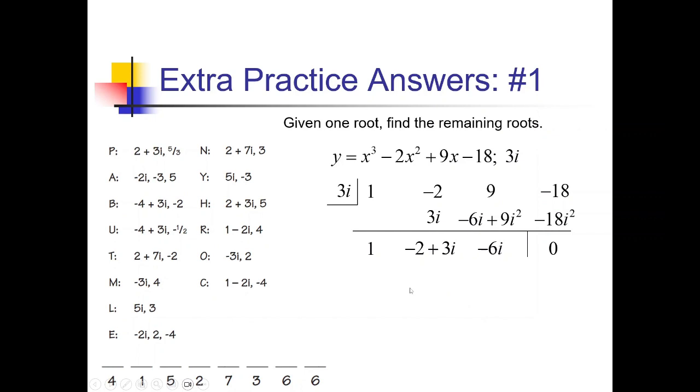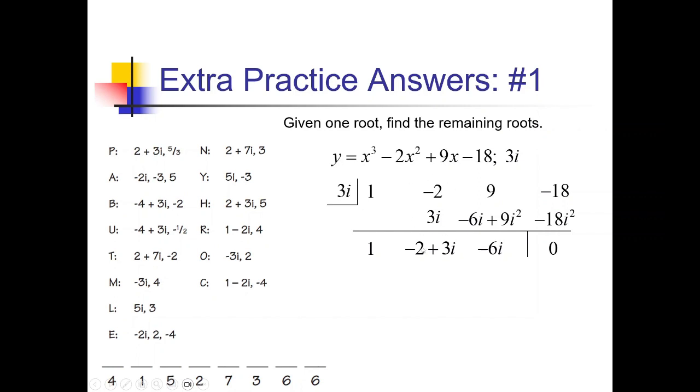Well, this is one of those times where knowing a little bit of theory is very helpful. It turns out that if you have an imaginary number as one of the roots for a polynomial that has all real number coefficients, like this one, you also must have a root that's the conjugate of that imaginary number. You need something that, when you multiply it by 3i, gives you a real number.